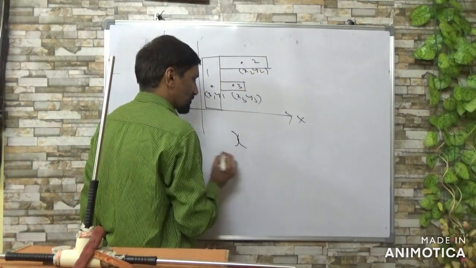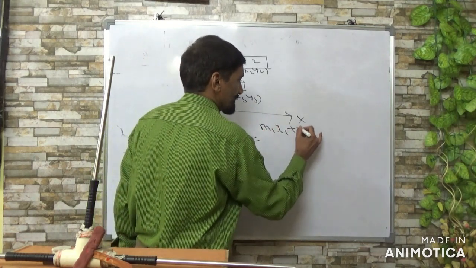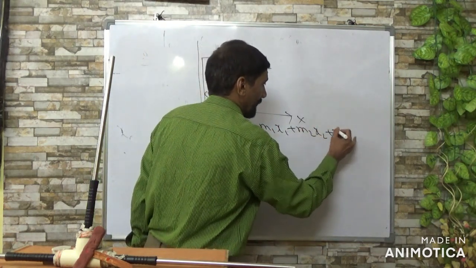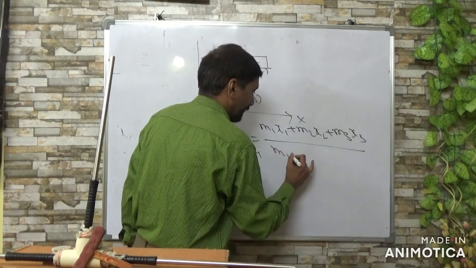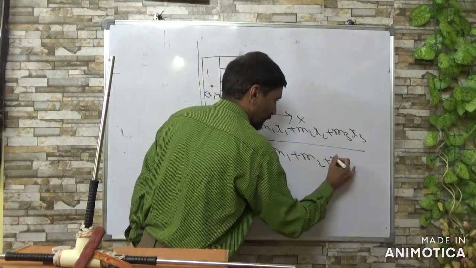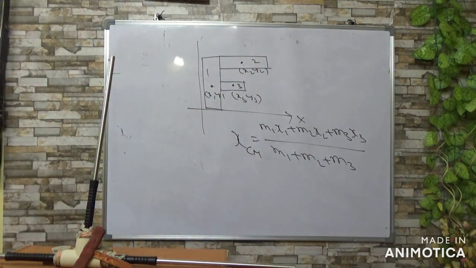That is, when three blocks are there, xcm is m1 x1 plus m2 x2 plus m3 x3 by m1 plus m2 plus m3.